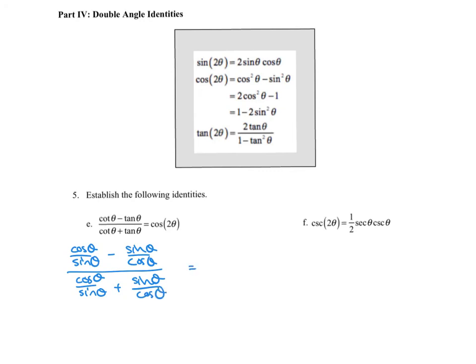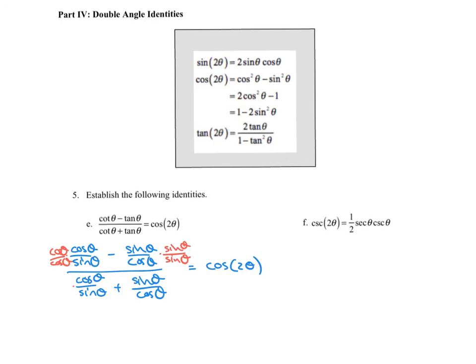And we're hoping to show that this equals cosine of 2 theta eventually. Now, to get common denominators on the top, my left-hand fraction needs to get multiplied by cosine theta over cosine theta, and the right one by sine theta over sine theta. That way the denominators will both have cosine theta and sine theta as factors.